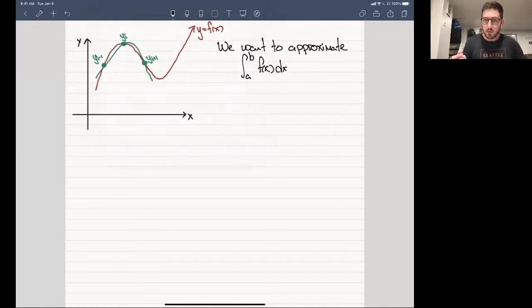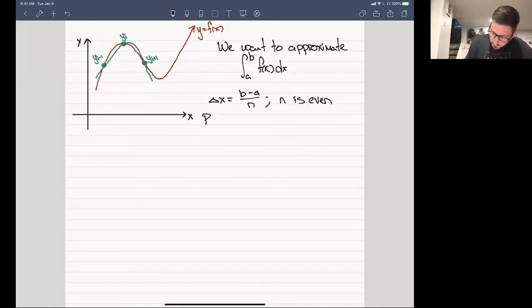Now, the first thing that we're going to do is we're going to let delta x equal b minus a over n again. And then we are going to let n be even. So we need an even number in order to apply Simpson's rule. And this comes from the fact that if you want to define a parabola, you need 3 points to define it. So you're going to see why this becomes necessary as we progress.